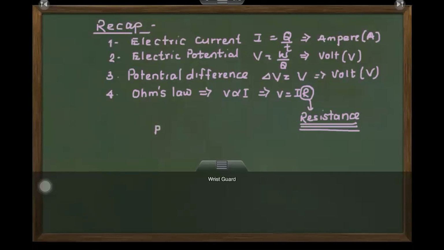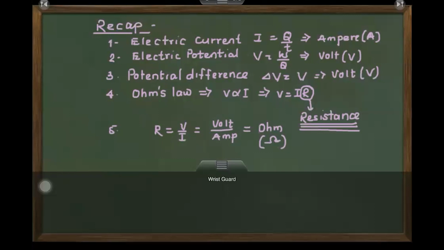R is equal to V upon I. The unit was volt upon ampere, and that's why it was termed as ohm, and I also stated that its abbreviation is omega.